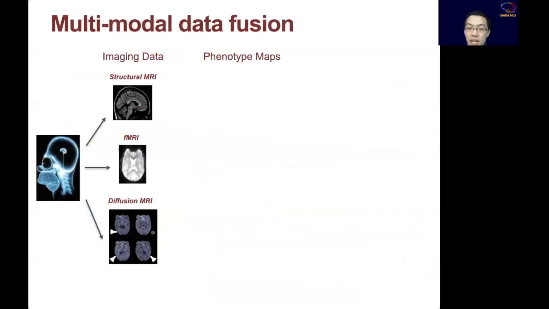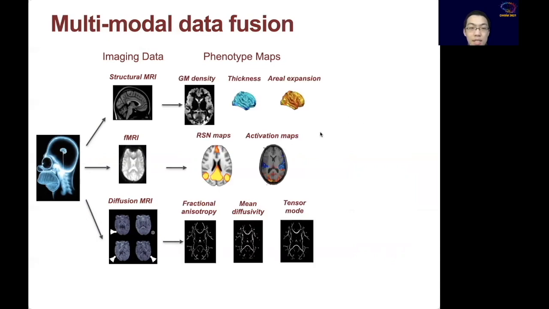Further, such large-scale imaging studies deliver multiple types of data, and from this we can derive an even higher number of phenotype maps. For instance, a single diffusion MRI experiment gives rise to multiple maps of scalar values, such as FA and MD. Classically, these derived maps would all be analyzed separately.